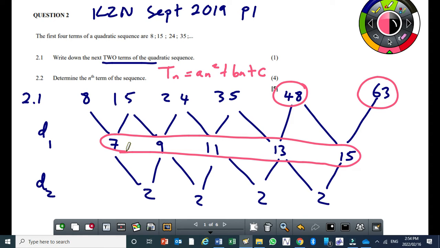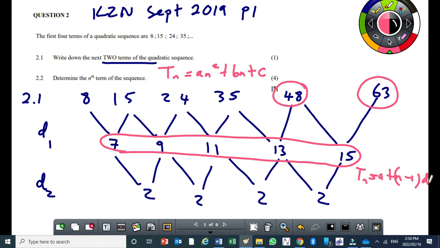Are you following? And their general term, based on grade 12, is Tn equal to a plus n minus 1 times d. Okay? Let me write it nicely there. That's the general term of those first differences. They form a linear or arithmetic sequence.